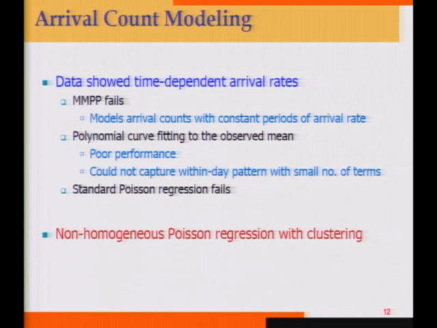There was a little difficulty modeling this whole arrival trend with MMPP because of the deterministic characteristics of the peaks that occur at given times, 6:30, 12:30, and 9 and 6 p.m. in the evening. We tried polynomial curve fitting to model it, but we could not fit the distribution with a small number of terms.